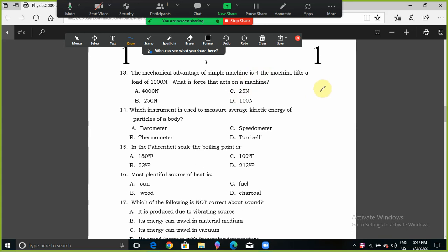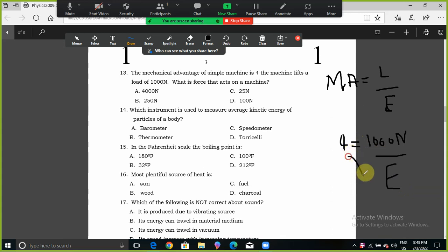Now the formula for mechanical advantage is equal to load over effort, right? Okay, now we will place the numbers in place of their symbols. Like for example, 4 for mechanical advantage, that means 4 is equal to load, which is 1000 Newton, over effort, right? Because we want to know the value of effort.